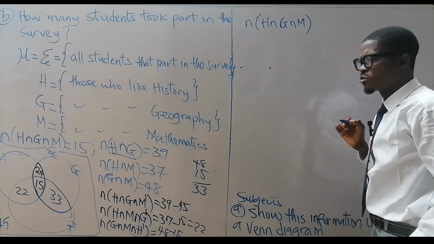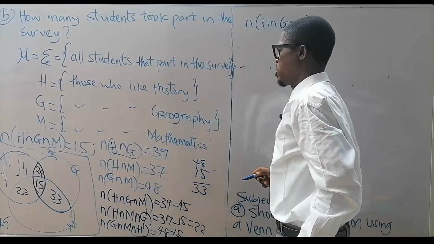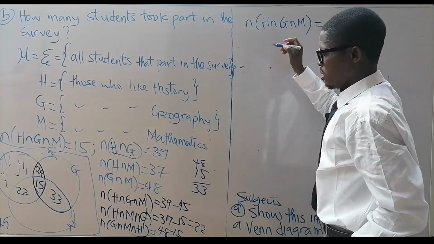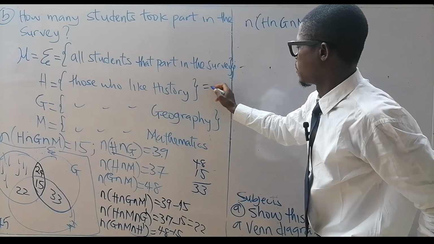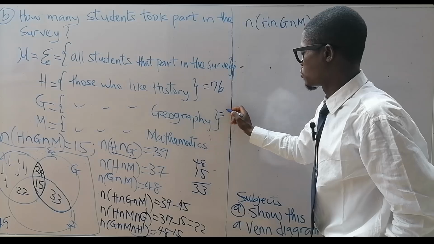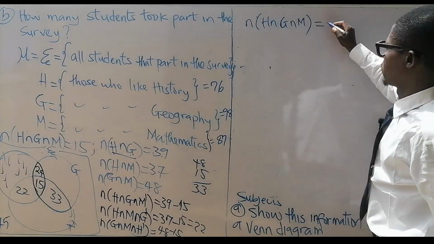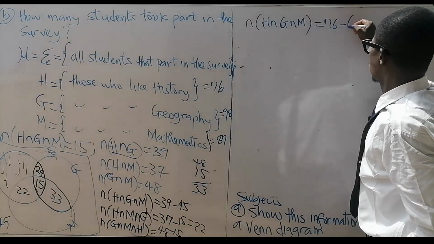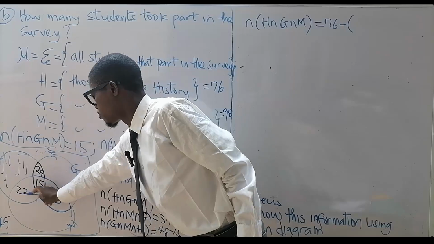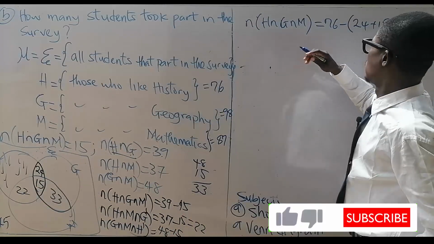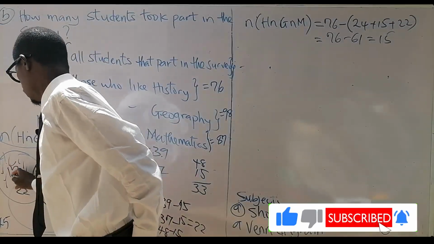The next thing to do now is to find those that take history only. That will be equal to the number you are given for history. We have 76 for history, 98 for geography, 87 for mathematics. That will be equal to 76 minus 24 minus 15 minus 22, history only.